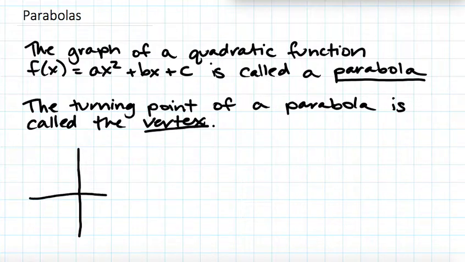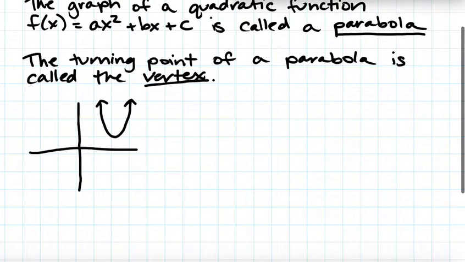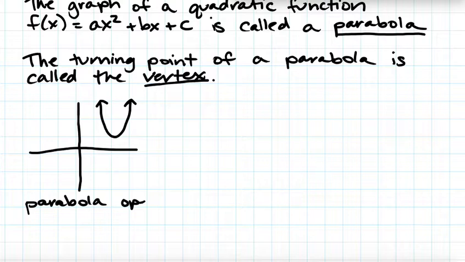One is that it looks like a U shape with both arrows pointing upward. And back when we talked about leading coefficients, this is kind of the same thing. This is called a parabola that opens up or opens upward. Both arrows are pointing upward.